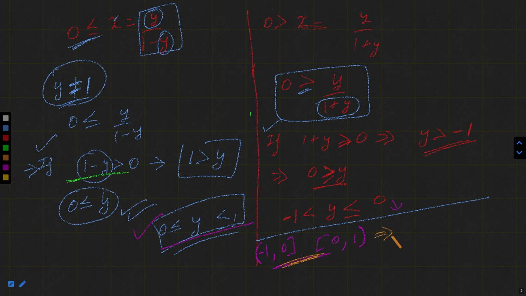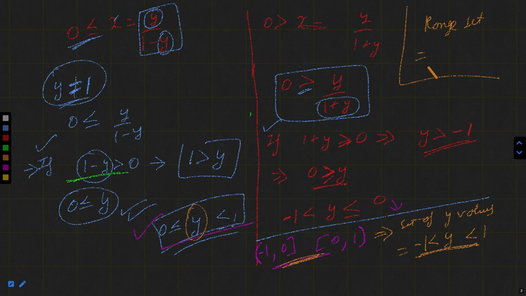In total you can see that y must be less than 1 but greater than minus 1. So my range set will be all y belonging to the real numbers such that y is greater than minus 1 but less than 1.